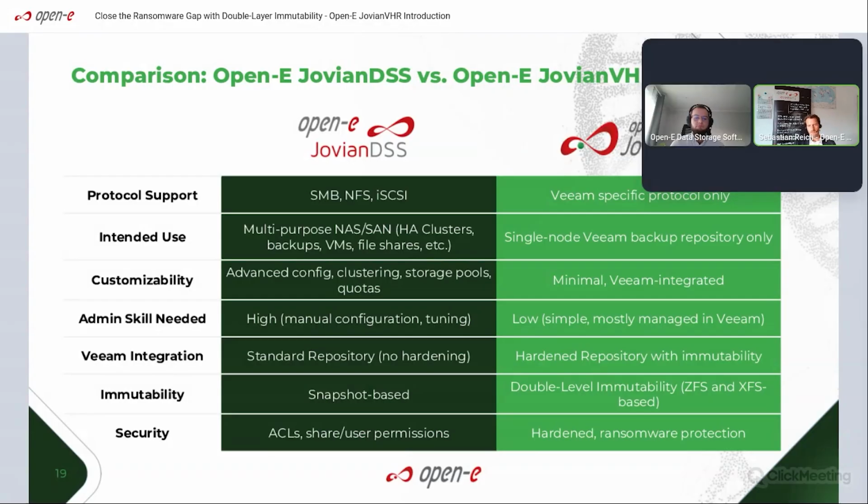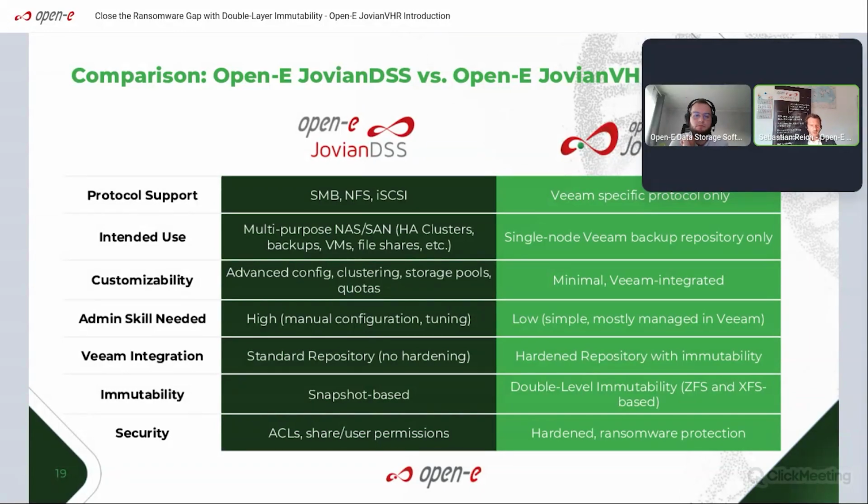This is also possible in VHR, but there is a reason why we also have trainings for Jovian. There's a lot of skill needed. There's a lot of storage, a lot of things to configure. And with VHR, as you could see, it is very easy. I'm pretty sure I would even be able to handle it.